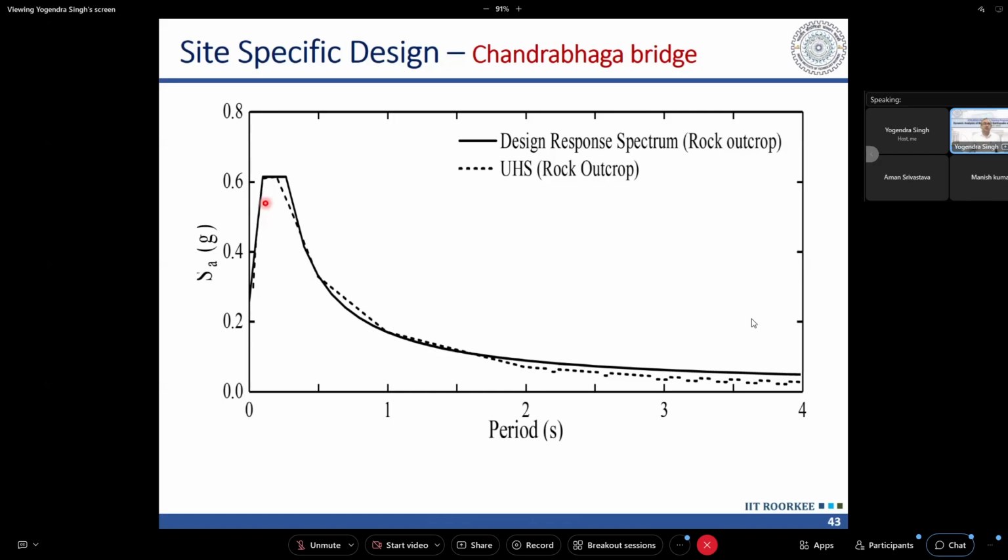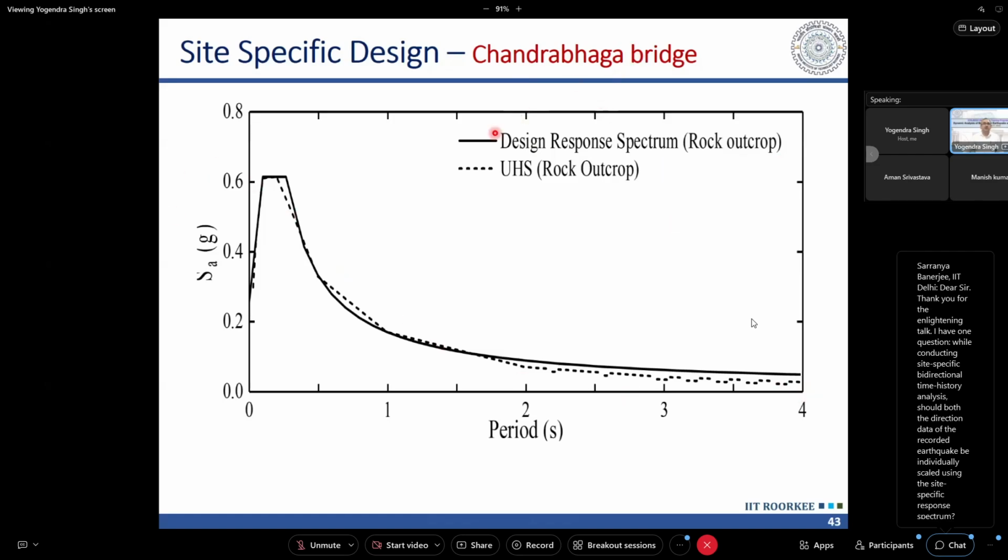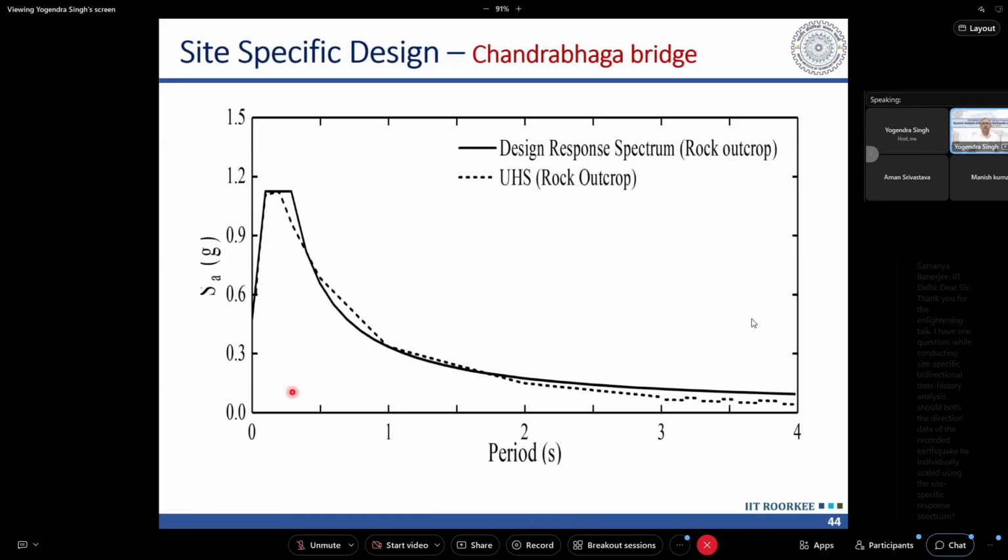And this response spectrum is given for a rock site. So at the rock outcrop for the Chandrabhaga bridge, please note this maximum value is 0.6 here. The same response spectrum, okay, so this is the same, but this is for MCE. That one was for DBE, this is for MCE. So almost double, close to 1.2.